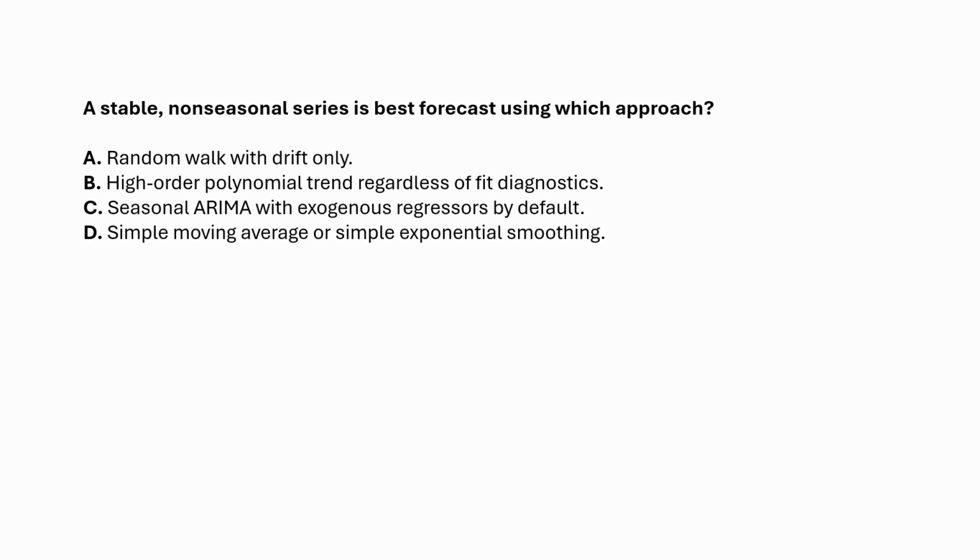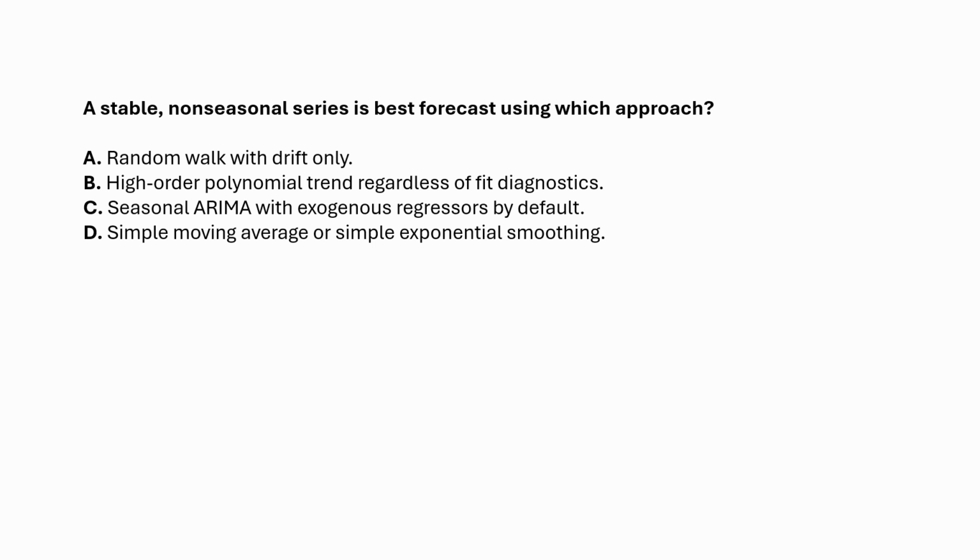Choice C, seasonal ARIMA with exogenous regressors by default. Now let's pause here. ARIMA stands for Autoregressive Integrated Moving Average. It's a powerful class of forecasting models that combines autoregression, using past values, differencing to remove trends or non-stationarity, and moving averages to smooth out noise.